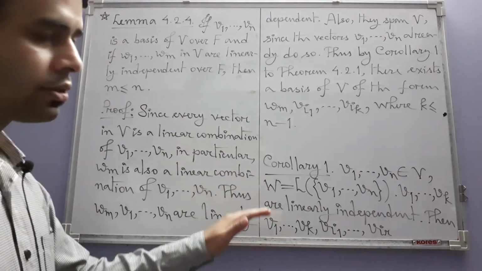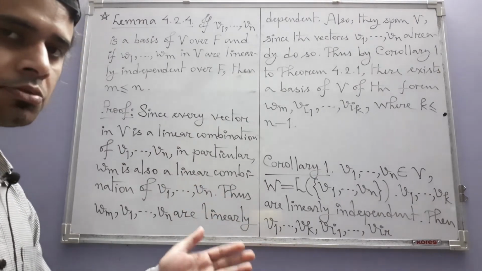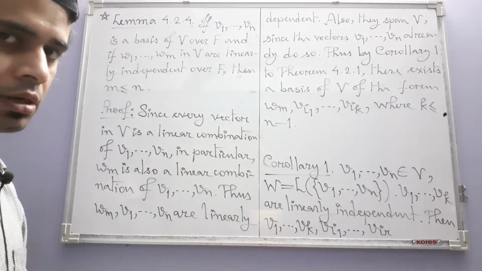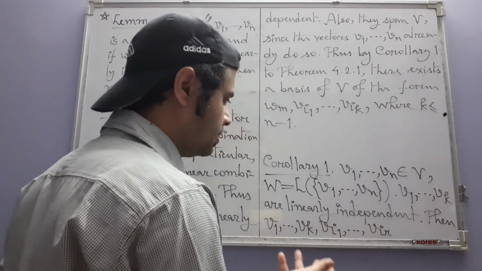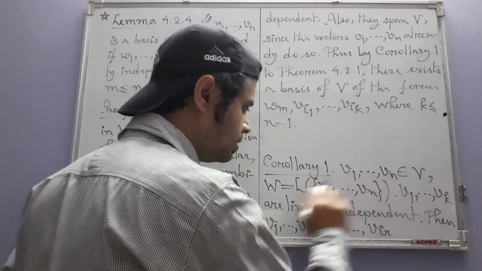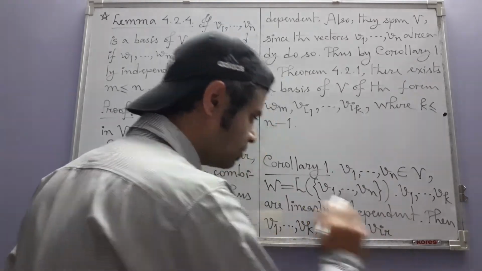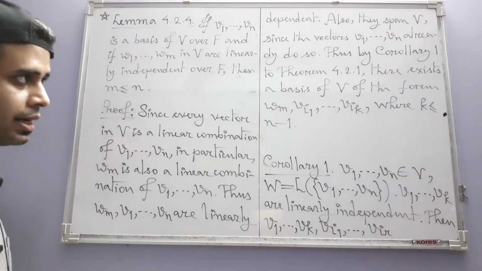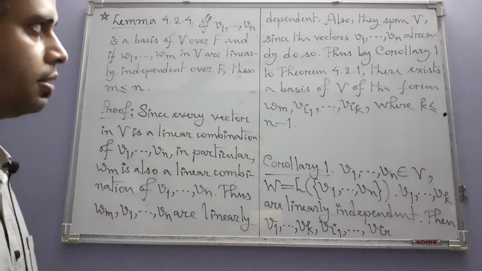When we stated corollary 1, at that time the notion of a basis was not available to us. But this can of course be restated like this. If these things are true, then W has a basis of this form. Okay, that's what we are using here. But how exactly are we using it?